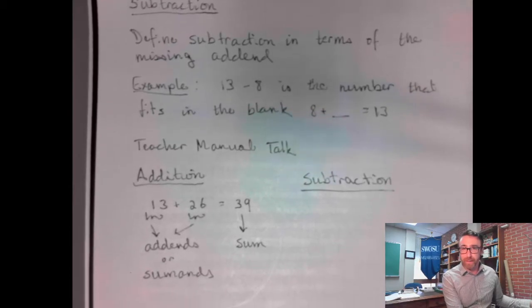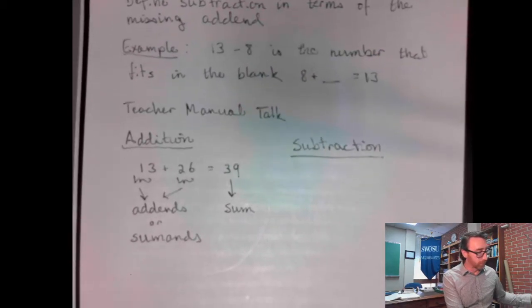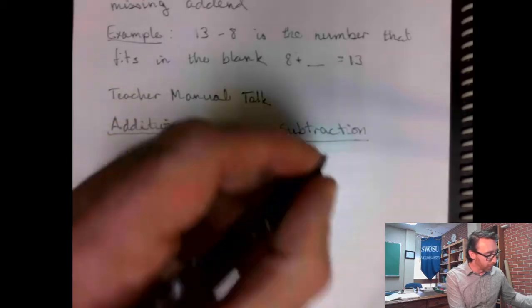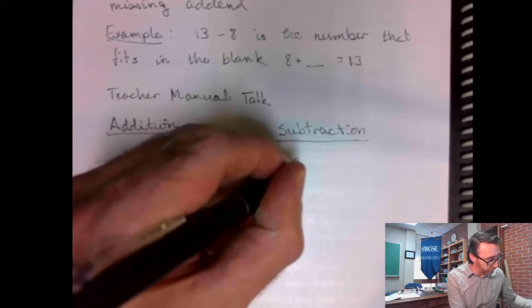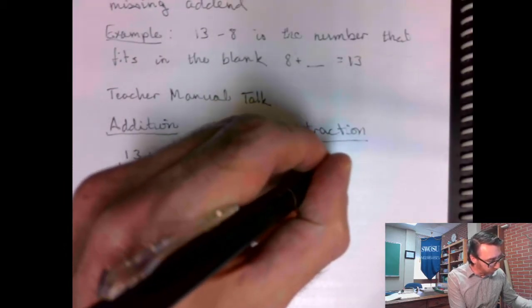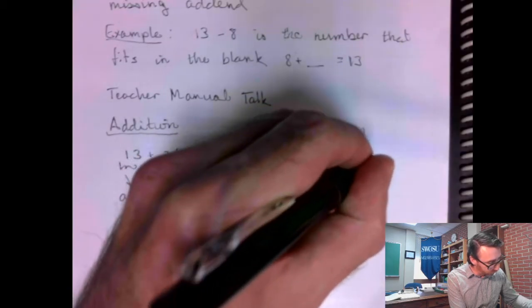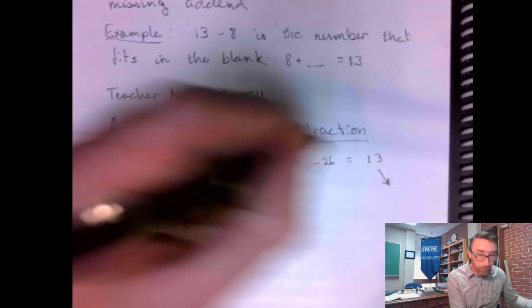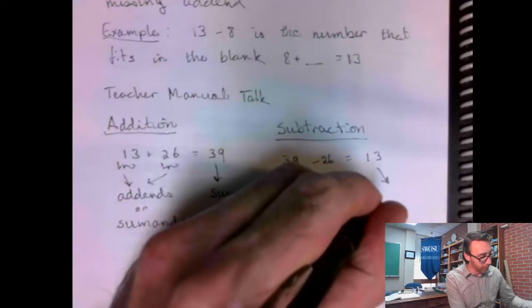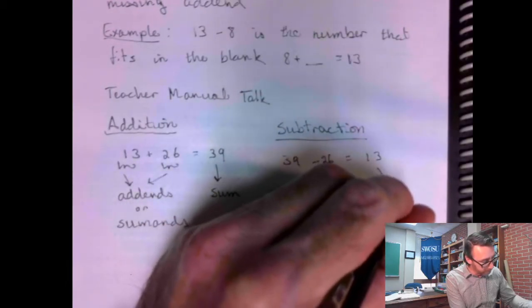When you're dealing with subtraction, it's a little bit different. So let's reverse that problem: 39 minus 26 equals 13. The result of our subtraction is called the difference.